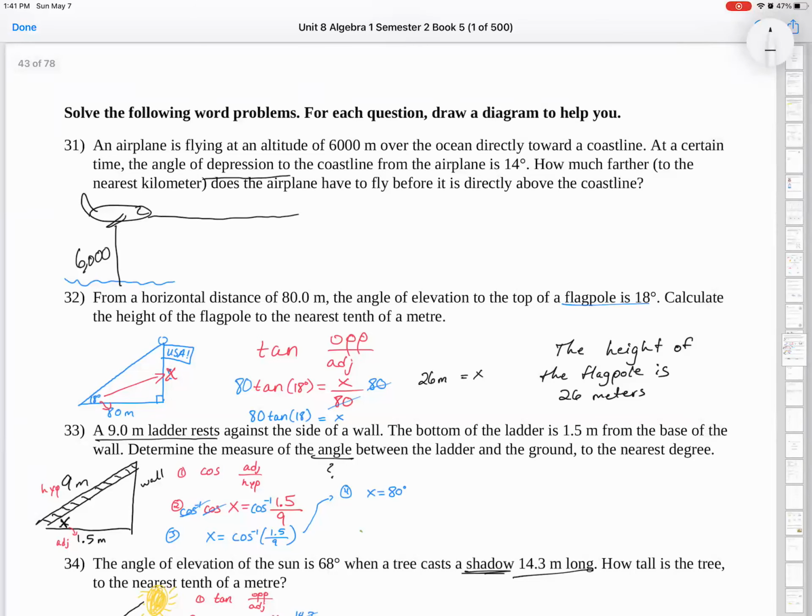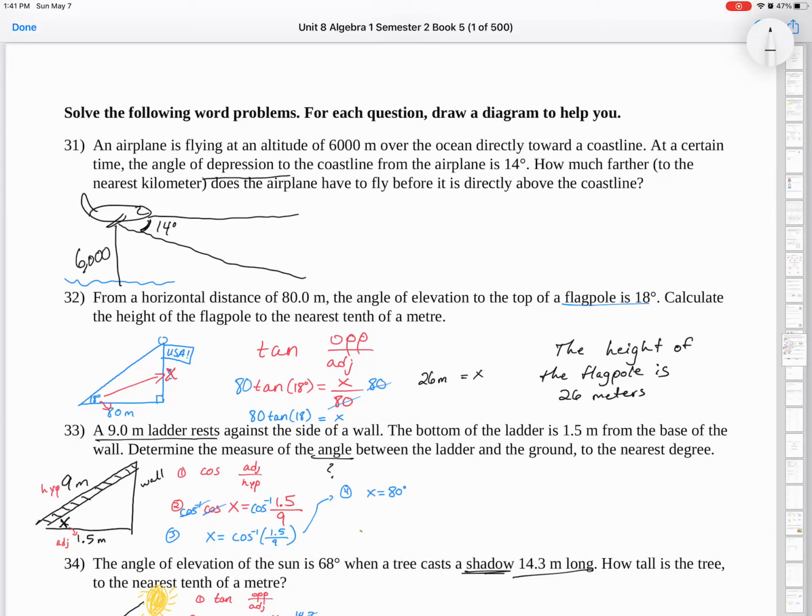There we go. So it's going straight, and then it has an angle of depression because its goal is to start landing near the coastline. When they say angle of depression, they're really talking about this value right here, which is 14 degrees. Okay, so it's starting to go down by 14 degrees.